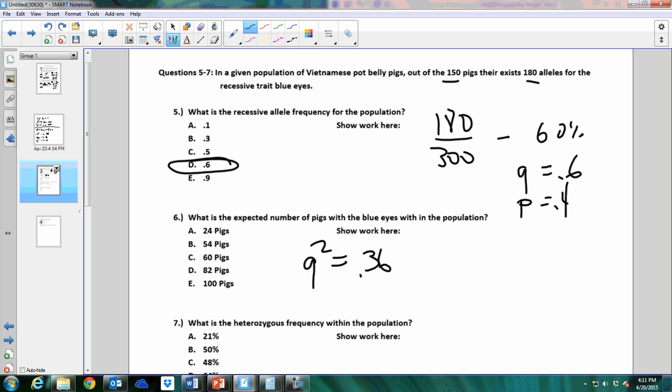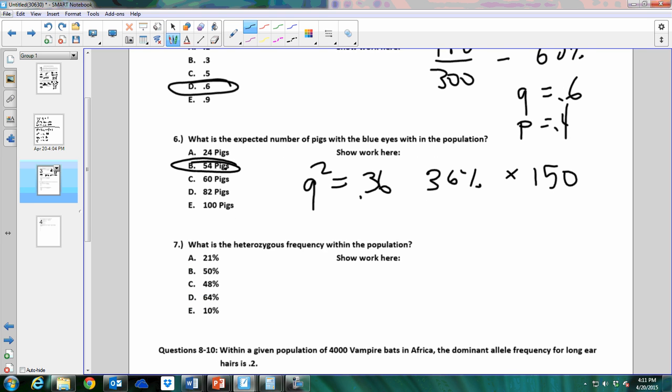And so that's 36% of these pigs have blue eyes. You multiply that times the total number of pigs, and you get 54. What is the heterozygous frequency within the population here? 0.6 times 0.4 times 2, that is 0.48.